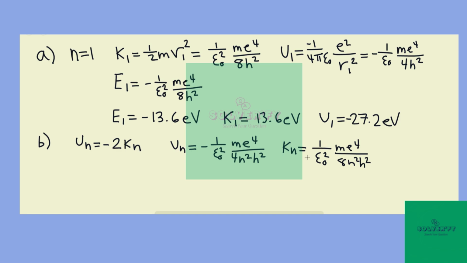This is by simply combining the electron velocity for an arbitrary level n with the kinetic energy expression. And it's clear to see once you pull all the constants away that we have a 1/4n squared and a 1/8n squared. Thus, these two are in fact related by a -2 factor.